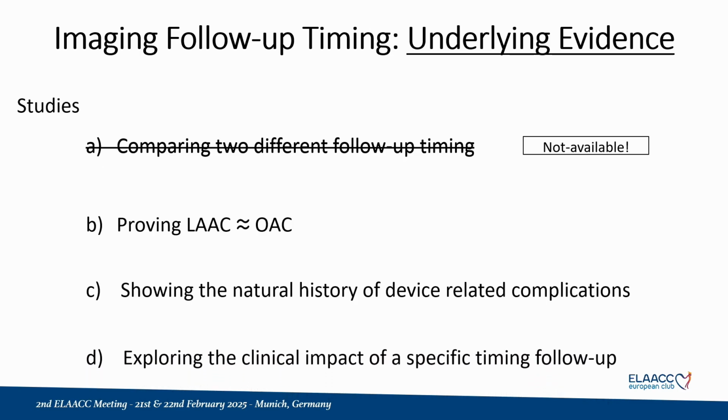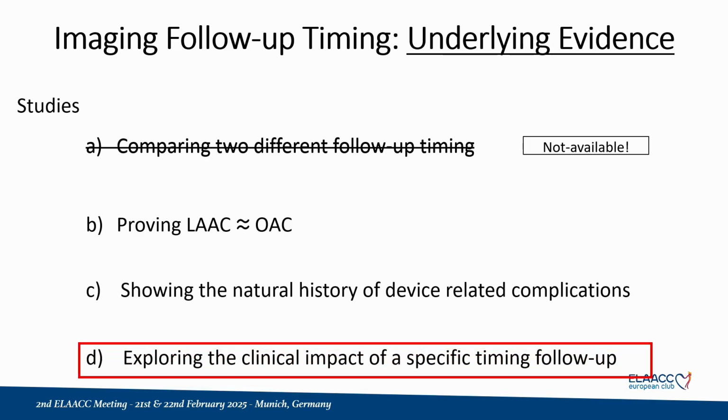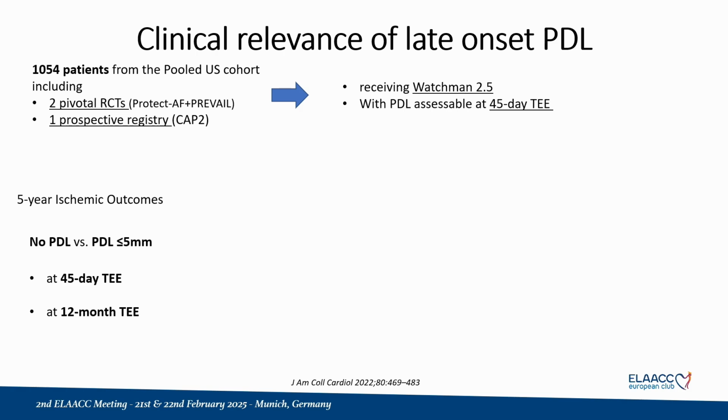And then another kind of evidence are those studies exploring the clinical impact of a specific timing of follow-up. There is this very nice study published in 2022 regarding the American population, including the 2 pivotal trials and 1 prospective registry. In this study were included all patients receiving Watchman 2.5 with a PDL accessible at 45 days.